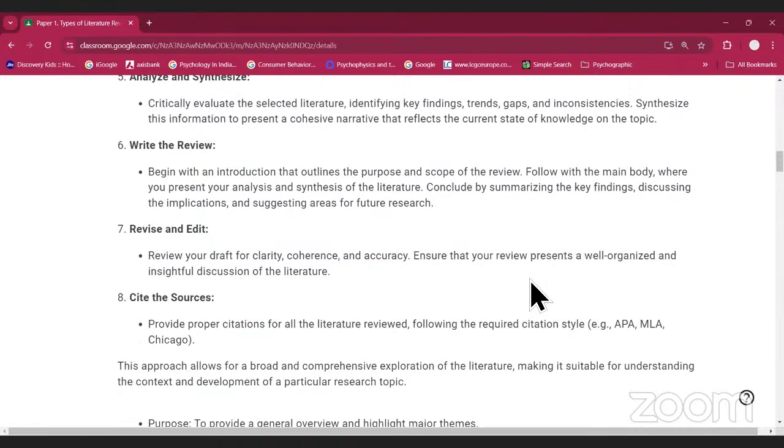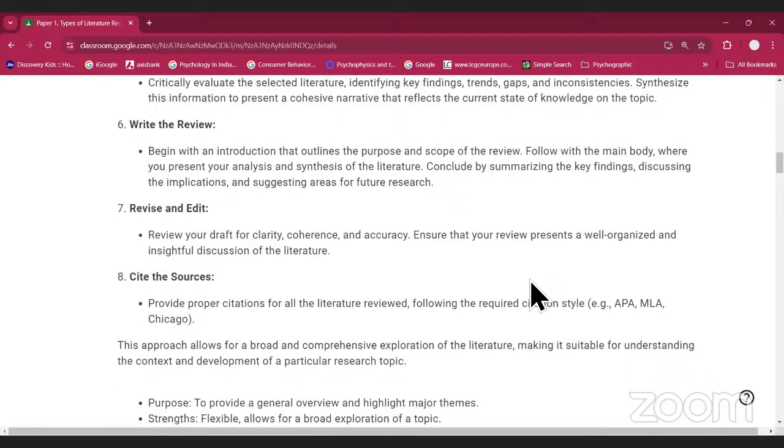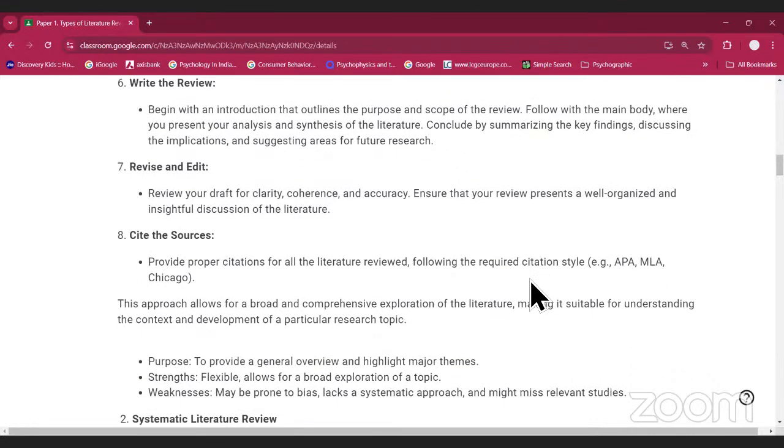Provide proper citations for all the literature reviewed, following the required citation style such as APA, MLA, or Chicago. This approach allows for a broad and comprehensive exploration of the literature, making it suitable for understanding the context and development of a particular research topic.